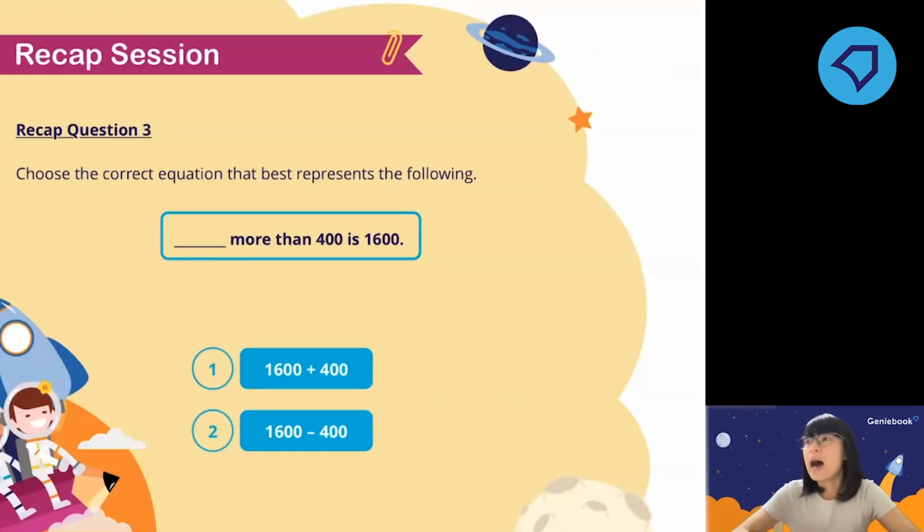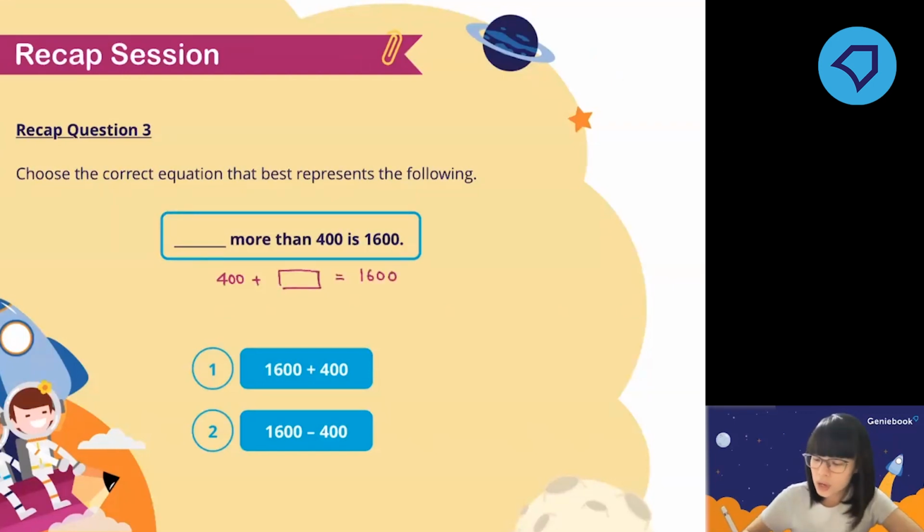Time is up. Okay, so I do have a handful of you giving option number 1. You say addition. Like I mentioned, it is very important for you to identify where you should put all these numbers. So let me write it down in terms of an equation for you, okay? What more than 400 would mean? 400 plus something is equals to 1,600.